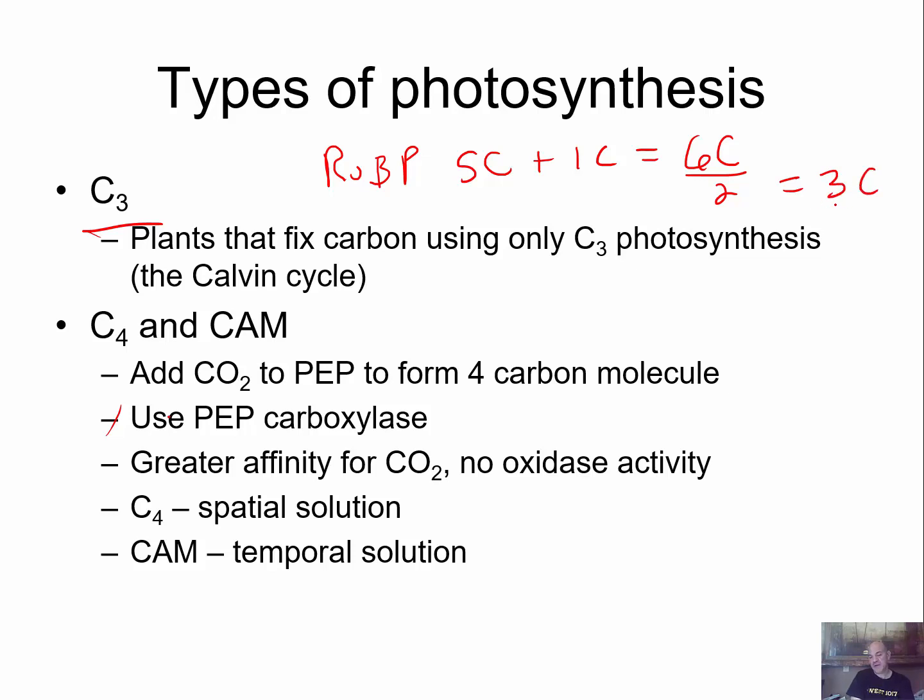So that first molecule you get after fixing carbon is a 3-carbon compound, so we call it C3 photosynthesis or metabolism.